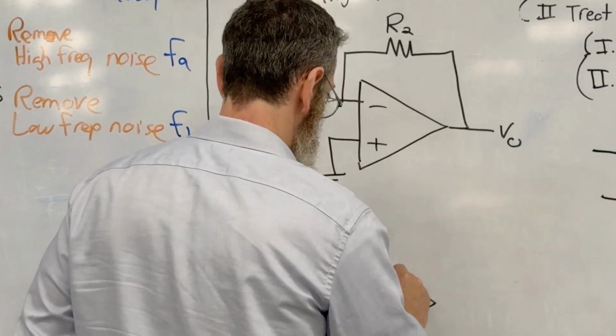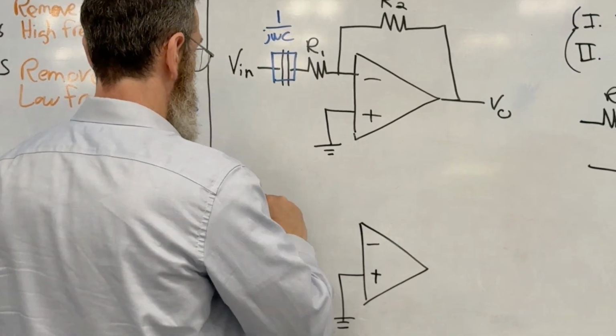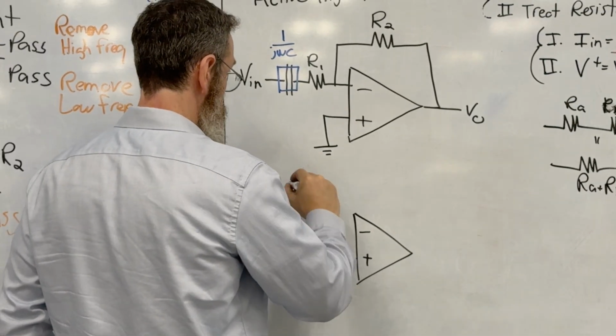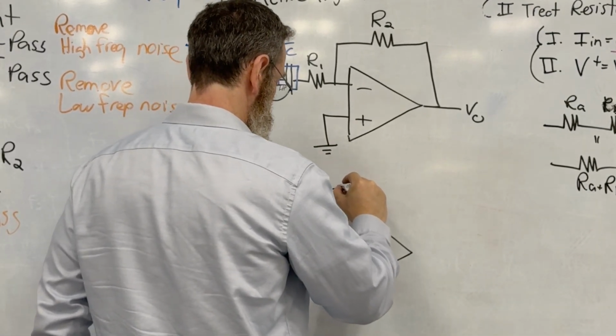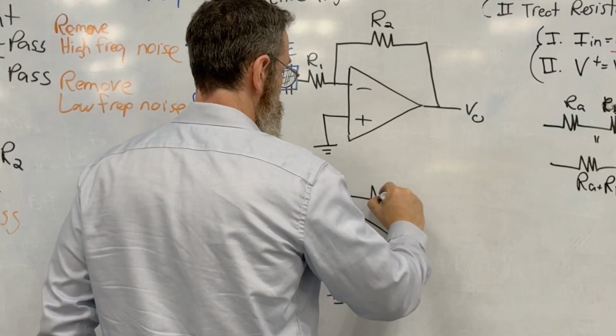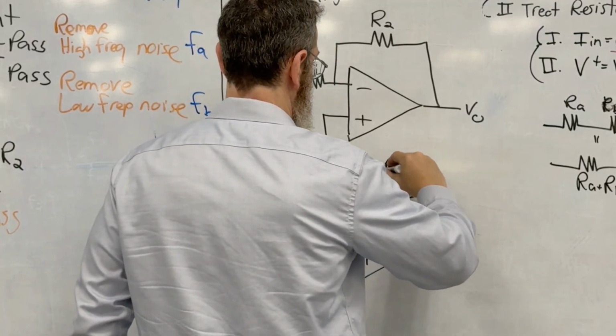I can rewrite this. I'm going to redraw it just so it's super clear. I have a Vn. I'm going to put a resistor here. R sub 2.